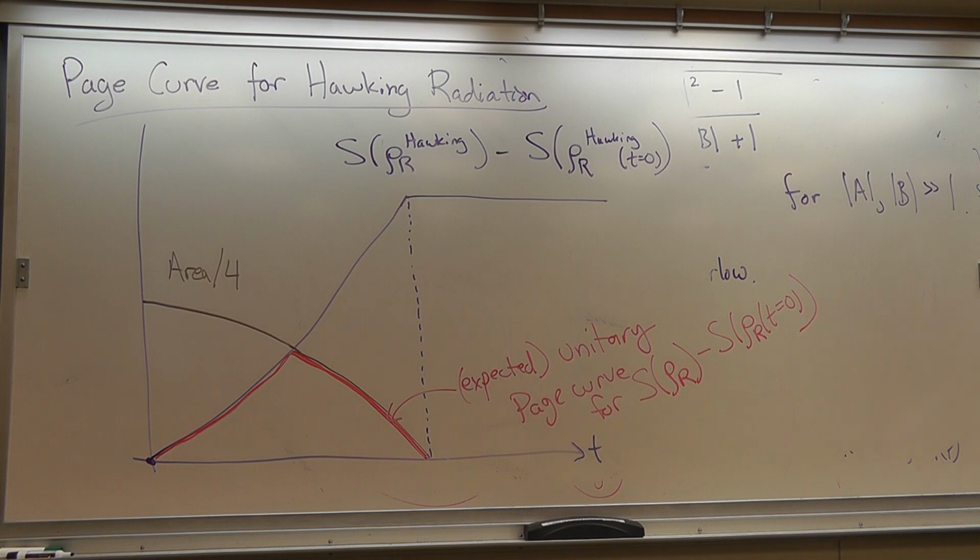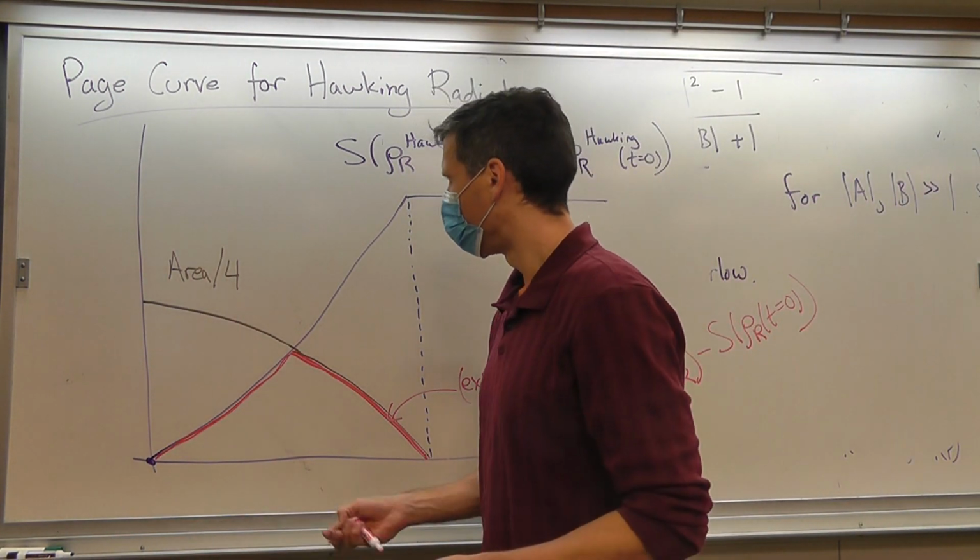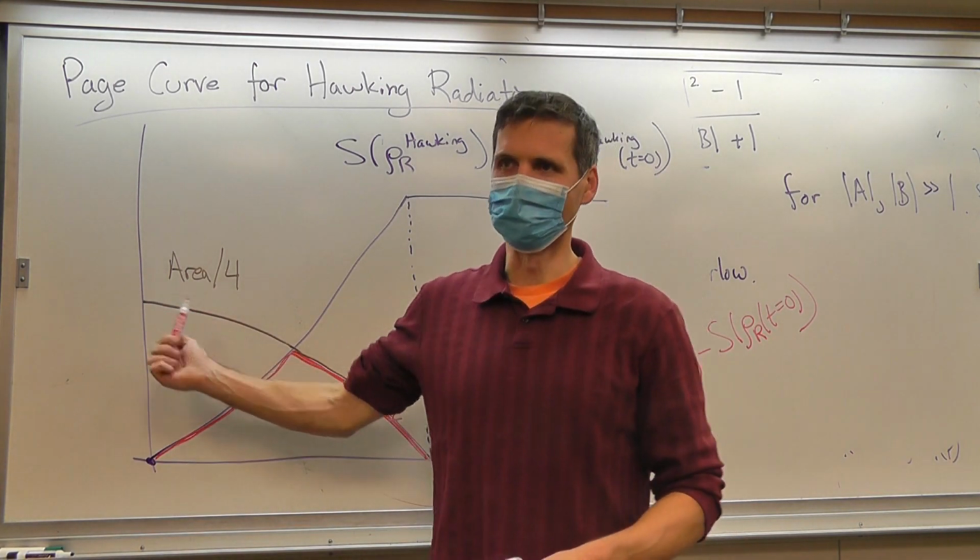So if we knew how to calculate the fine-grained entropy in a full theory of quantum gravity, and if black hole evaporation is unitary, then that's the curve that we expect to get. And if area over 4 is really the entropy of a black hole.